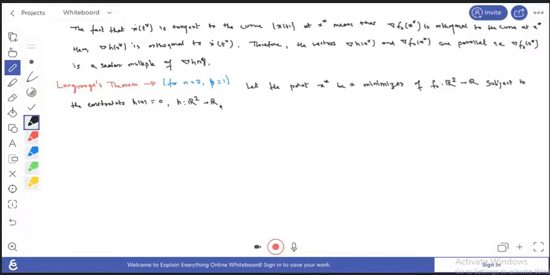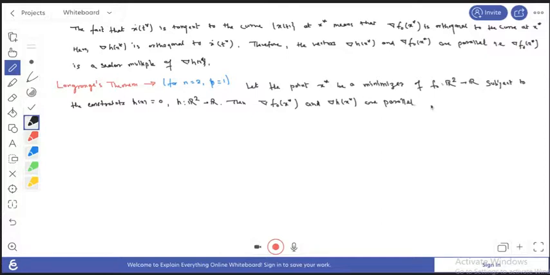Then the gradient of the objective function at this minimum point and the gradient of h at x star are parallel.